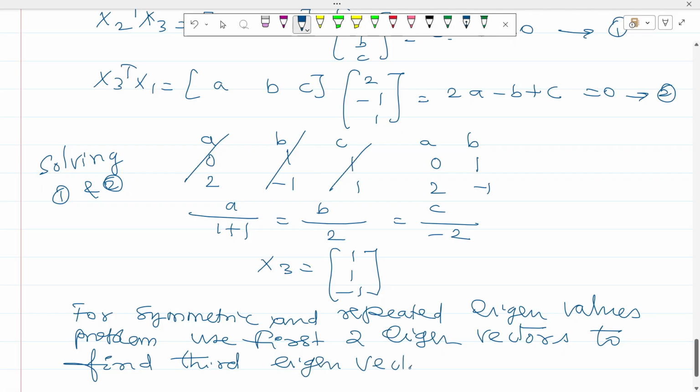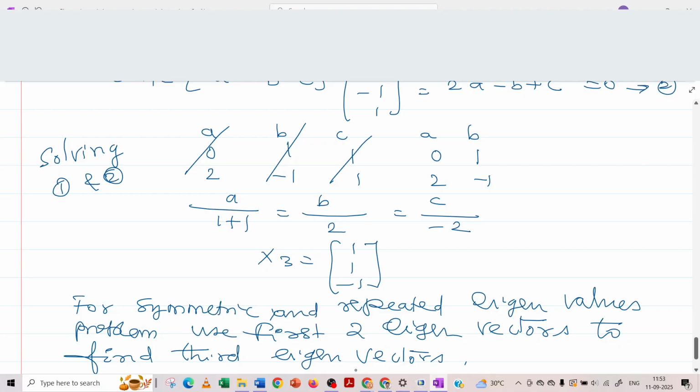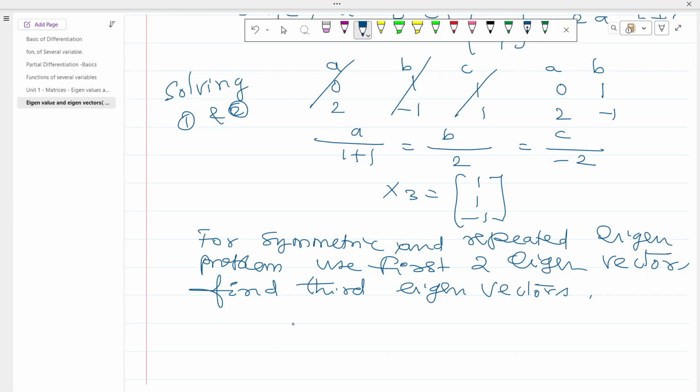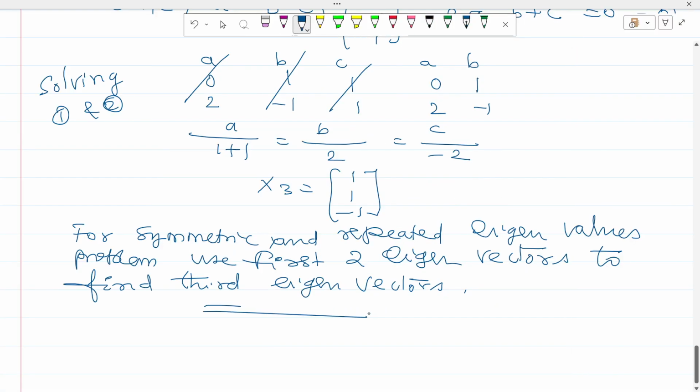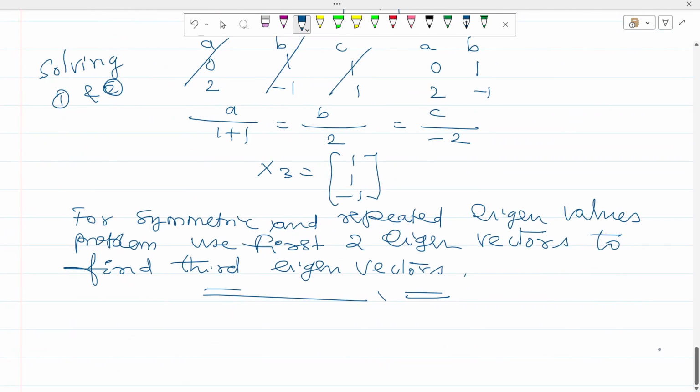Any doubt is there? Otherwise, we can take the next. Okay, so these are the two problems we have discussed: repeated eigenvalue when the matrix is not symmetric, and when the matrix is symmetric. So this point is important.